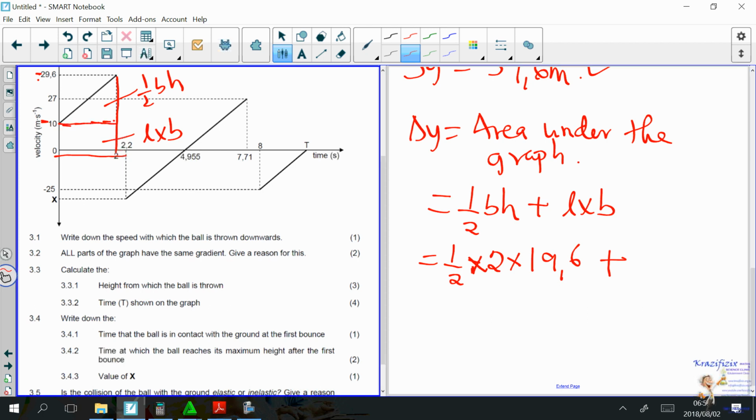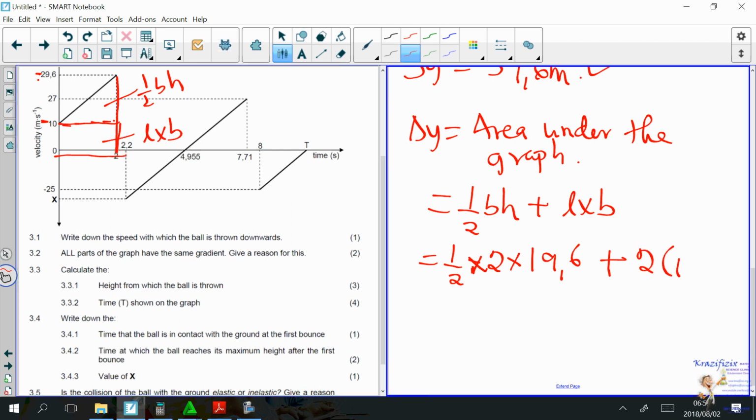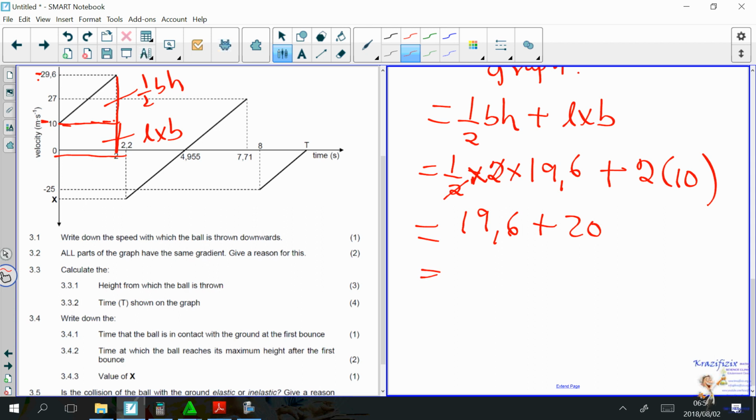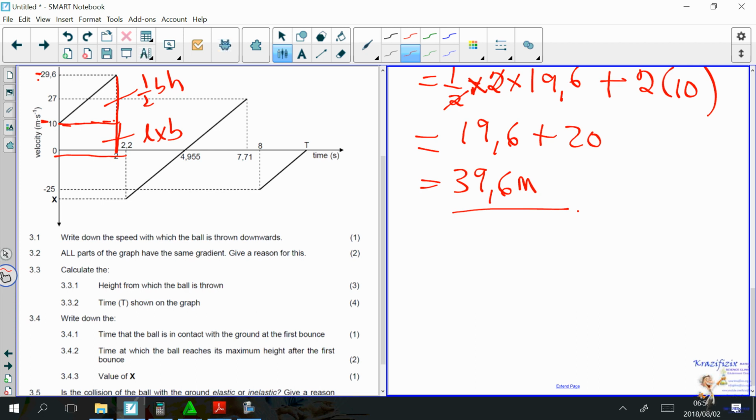This is 2, and this height is 10. 2 multiplied by 10. If you do all of this, you're going to have 19,6 plus 20. And that gives you 39,6 meters. Boom, done. Because sometimes examiners will say without the equation of motion.